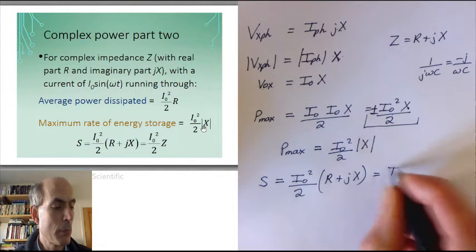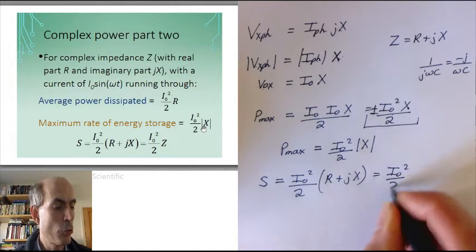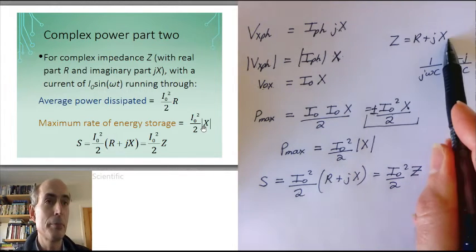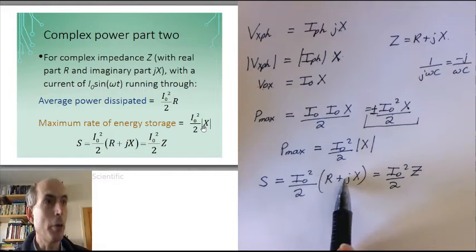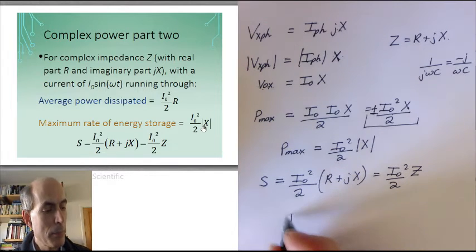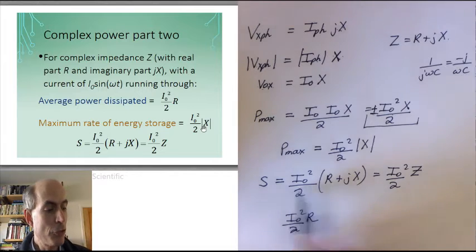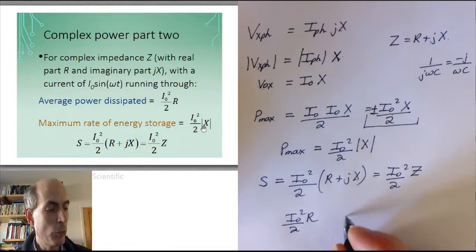In other words, I0 squared over 2 times Z, where Z is the complex impedance. The real part of this is going to be I0 squared over 2R, and that is equal to the average power being dissipated. The imaginary part of S is equal to I0 squared X over 2.